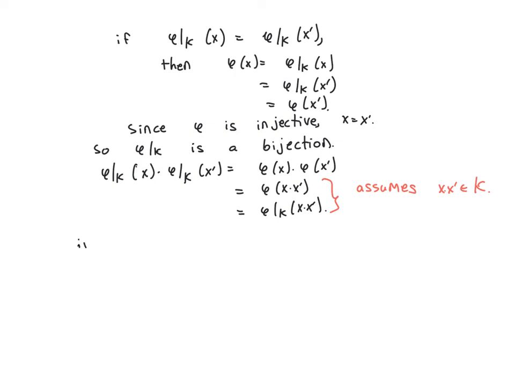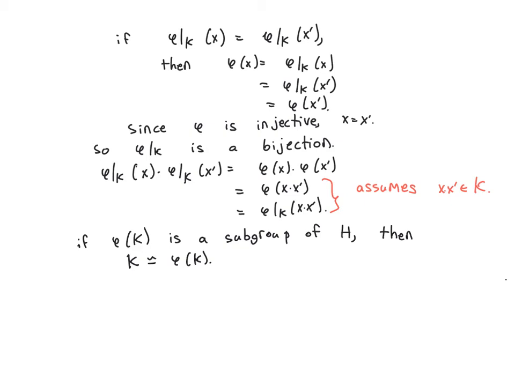So if phi of K is a subgroup of H, then we do in fact have that K is isomorphic to phi of K as groups. So why should phi of K be a subgroup?